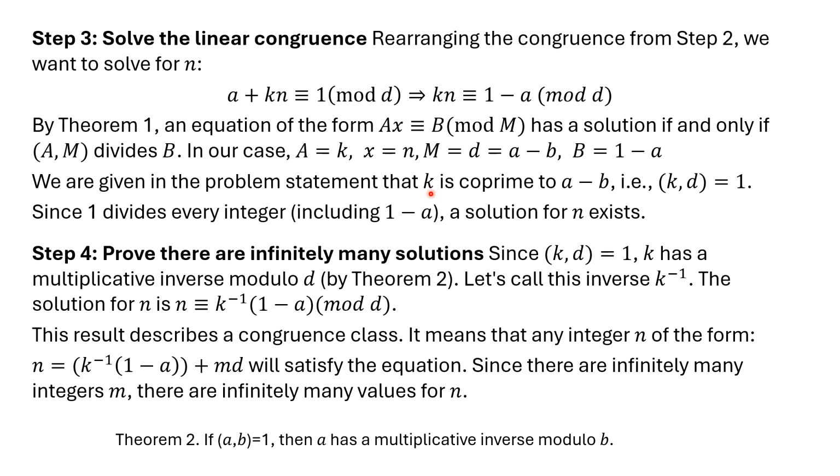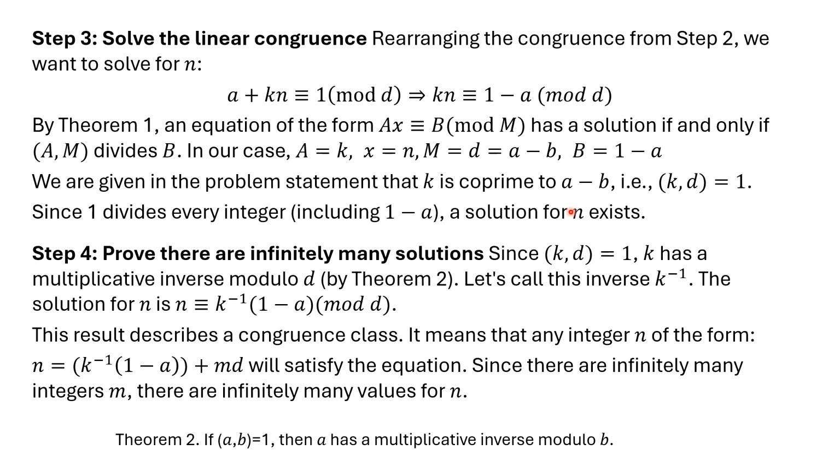Since we're given that k is coprime with a minus b, which is d, we know that the GCD of k and d is 1, and since 1 divides every integer, including 1 minus a, we meet the requirements of this theorem, which implies that we do have a solution in terms of n.